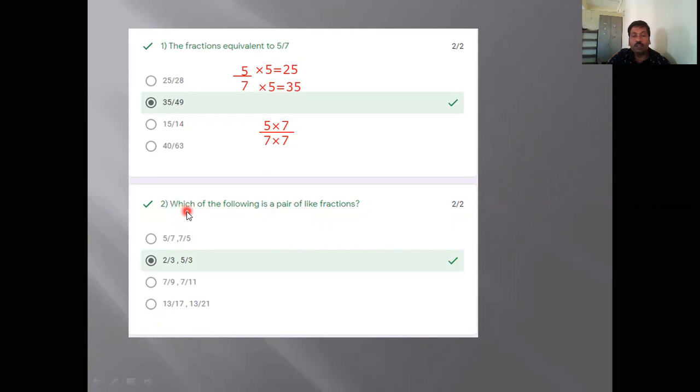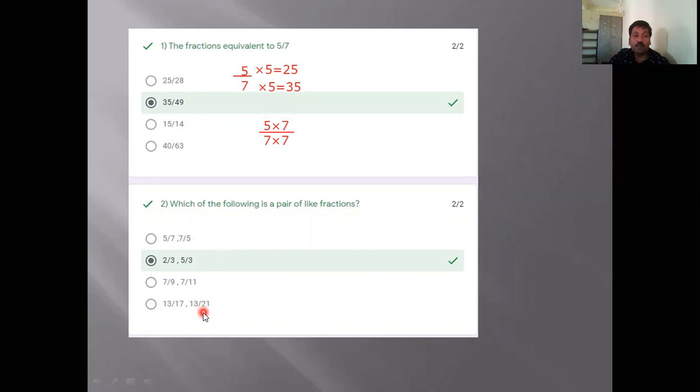Now here is another question. Which of the following is a pair of like fractions? To solve this question, first of all we will discuss what like fractions are. Like fractions are those fractions whose denominators remain the same.